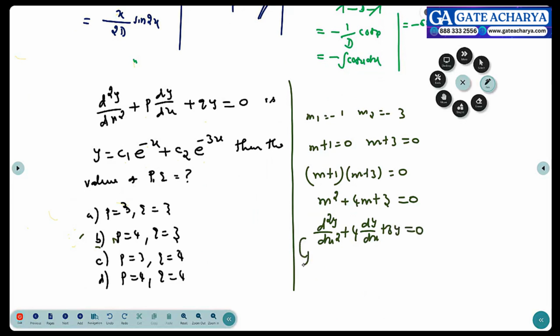The original equation is d square y by dx square plus p dy by dx plus qy is equal to 0. Compare these two. The p value is 4 and the q value is 3. So p is equal to 4, q is equal to 3. D is the correct answer.